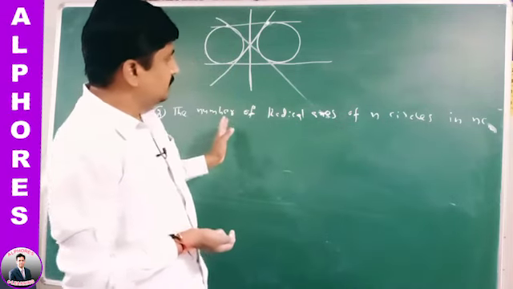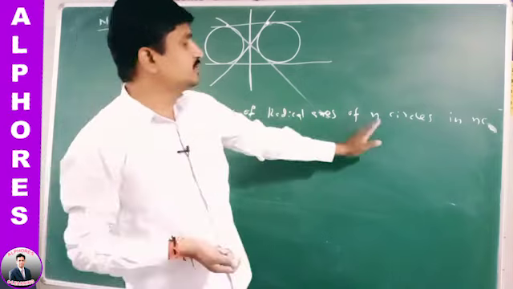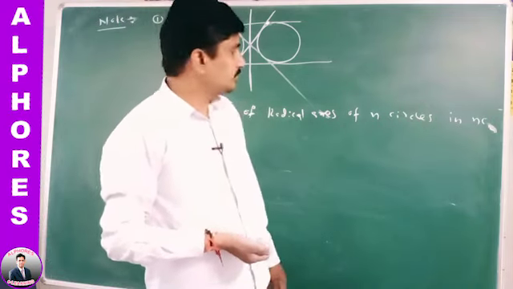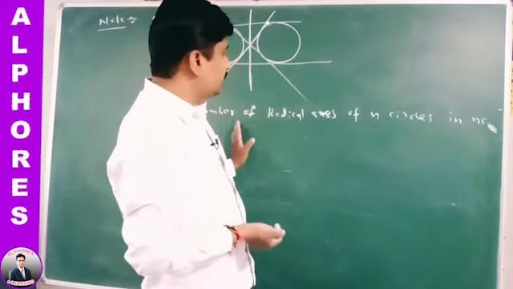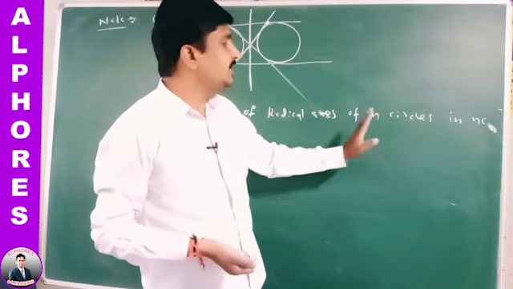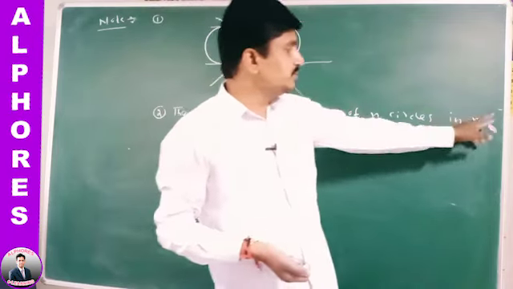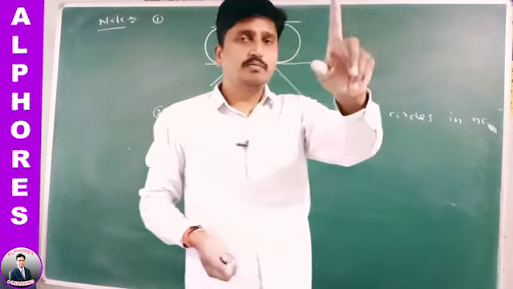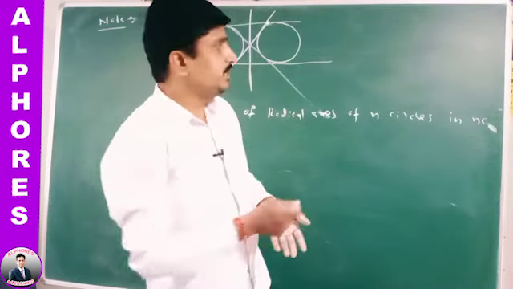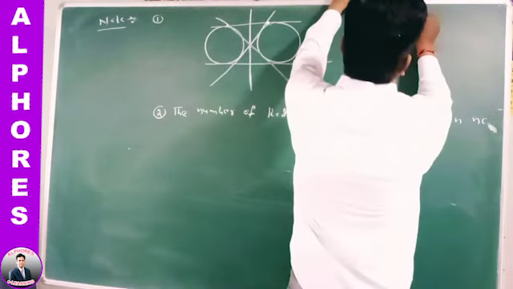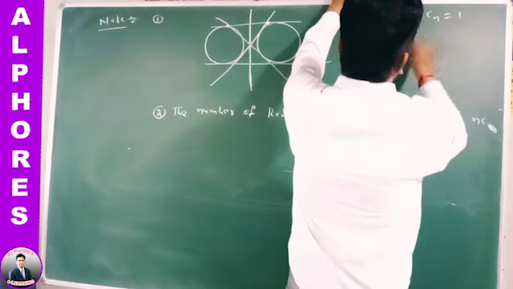Here, what is the number of radial axes of two circles? Suppose n equals 2, then it is 2C2. 2C2 means 1.